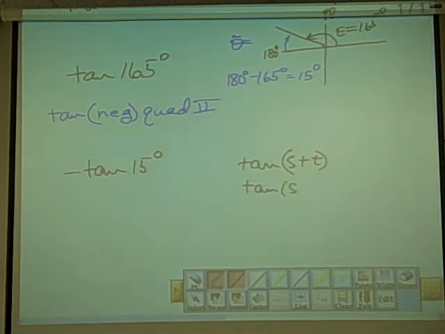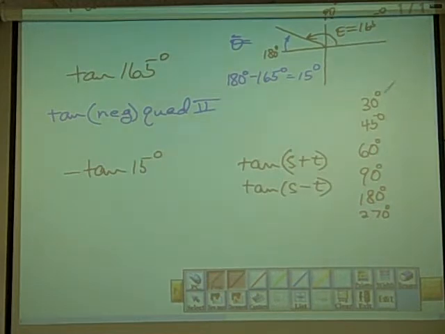s minus t. So we need two angles that will either add or subtract, and we have to look at angles like 30 degrees, 45 degrees, 60 degrees, 90, 180, and 270.